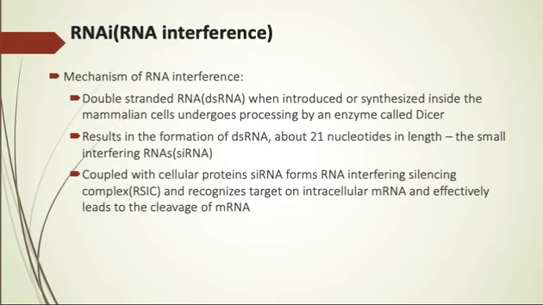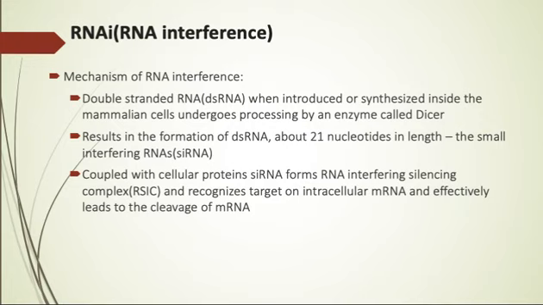The double-stranded RNA, that is dsRNA, when introduced or synthesized inside mammalian cells, undergoes processing by an enzyme called Dicer. This results in the formation of 21 nucleotide base pair long fragments called small interfering RNAs, or siRNAs. The siRNA gets coupled with a cellular protein to form the RNA-induced silencing complex, that is RISC, and this recognizes the target intracellular mRNA and effectively leads to cleavage of the mRNA, right?